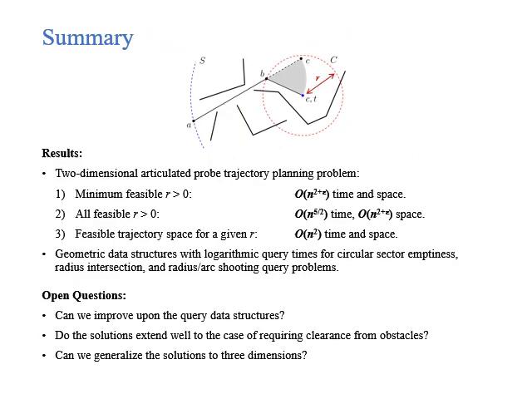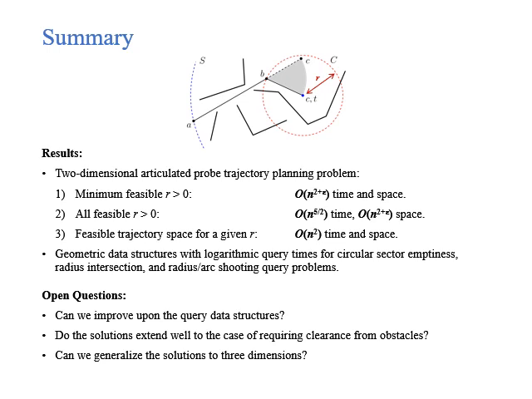So, in summary, we have successfully developed algorithms for solving 3 variants of the trajectory planning problem. For the first 2 problems, we have given algorithms with near quadratic or subcubic time complexities.